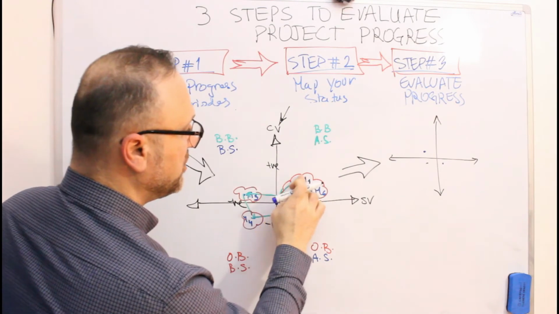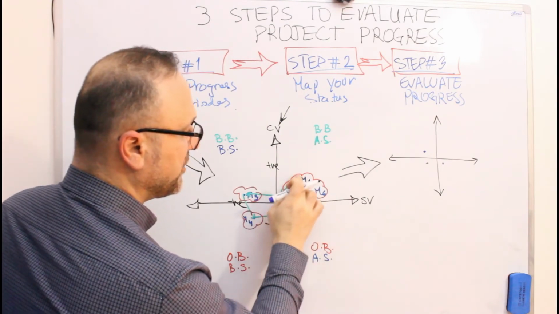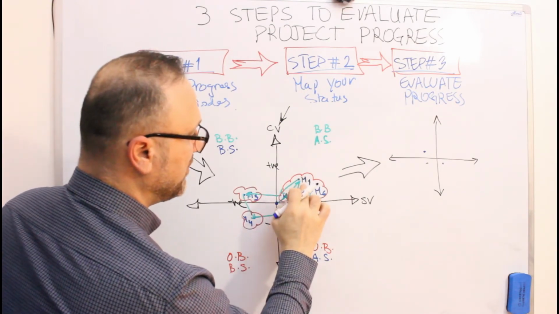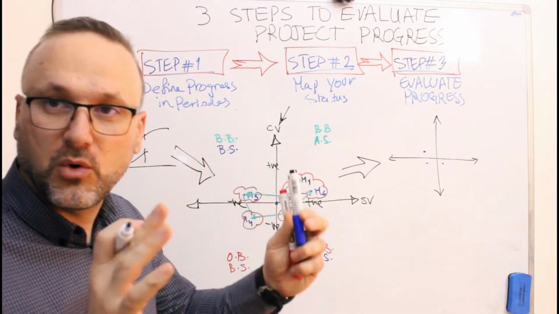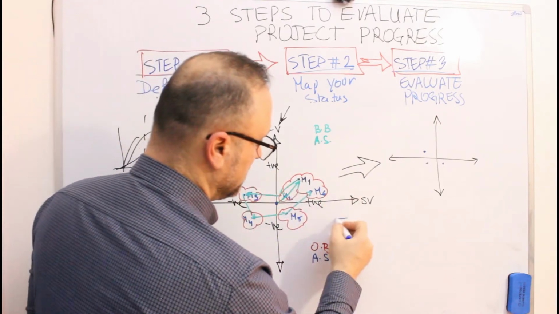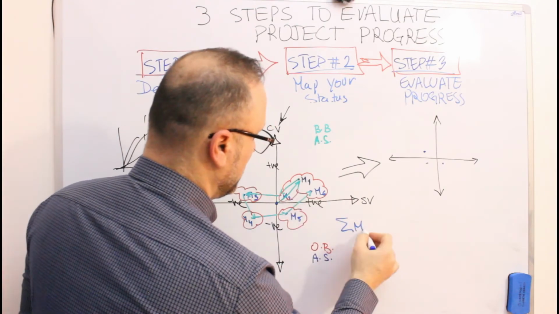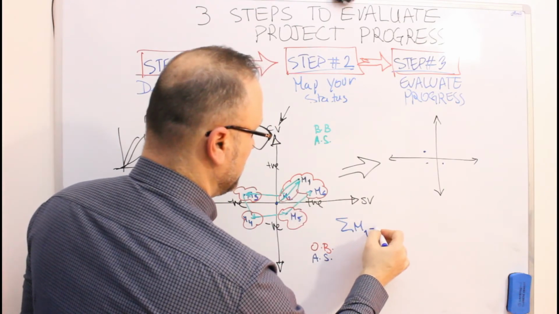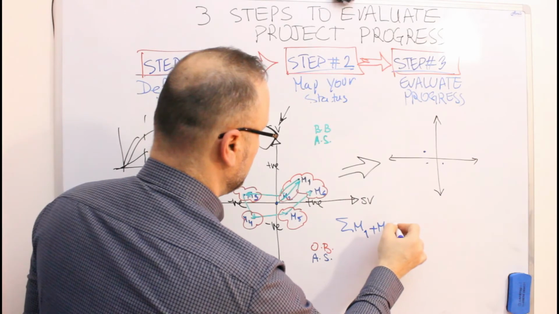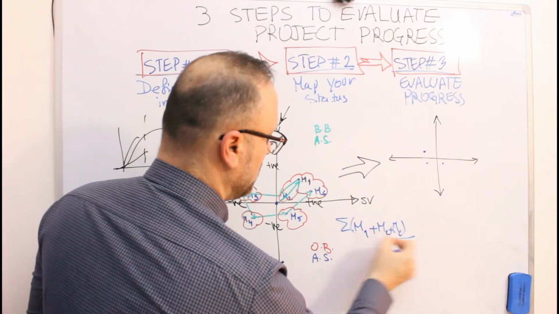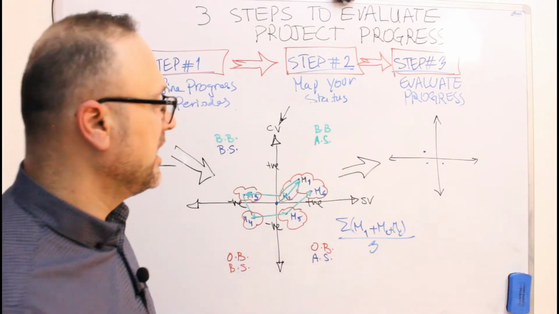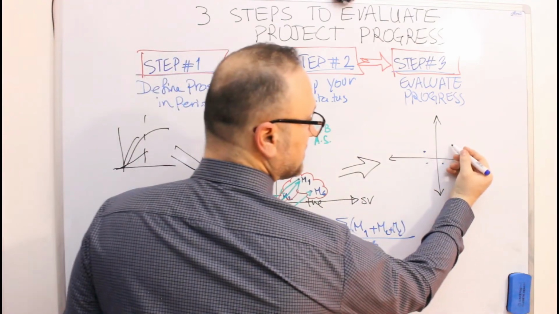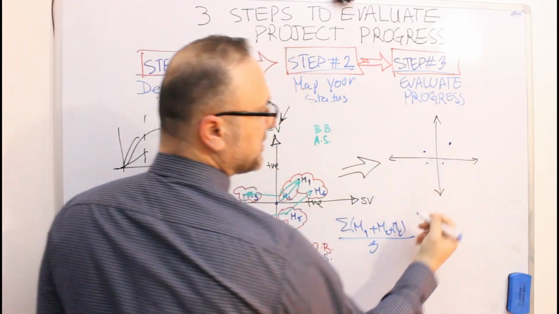And the average value of this area is 3, so that means the values of month 1, month 2, month 6 all together: month 1 plus month 2 plus month 6 over 3, because they are 3 points. We get the results and we get it somewhere here.